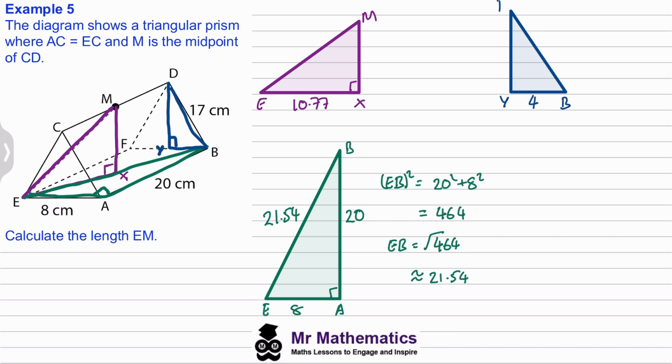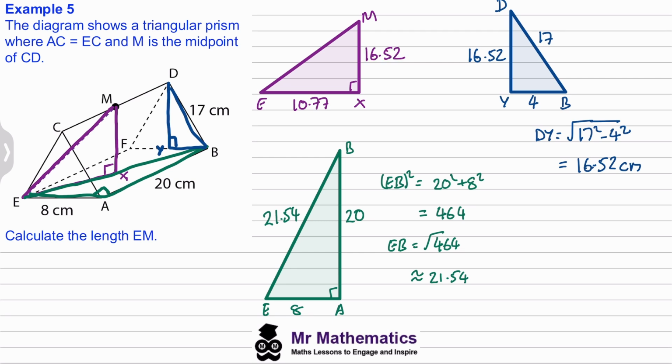And we've got D to B as 17. So D to Y will be the square root of the 17 squared minus the 4 squared. And this gives us approximately 16.52 centimeters. And we can label that on our purple triangle.